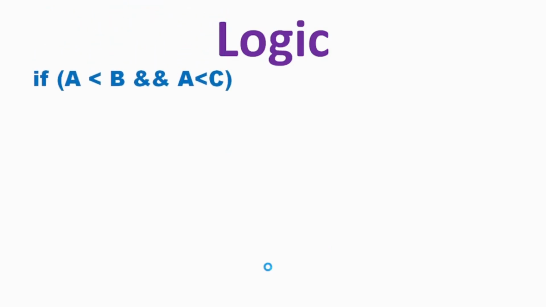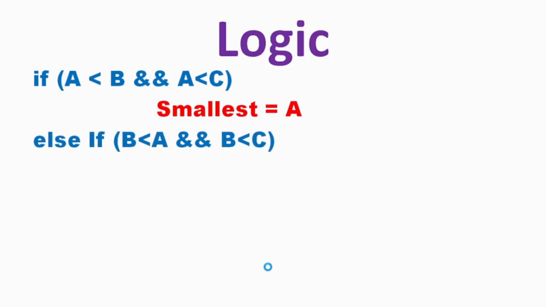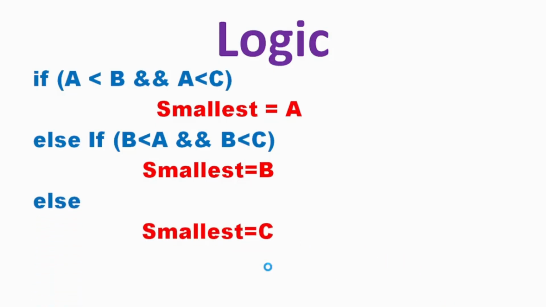We have to first compare A with B and A with C, and if we find A is less than B and A is less than C, then the smallest number is A. Similarly, in the else case, we have to find out that B is less than A and B is less than C. In that case, the smallest number is B. And if we don't find A or B smallest, then the smallest number is C.